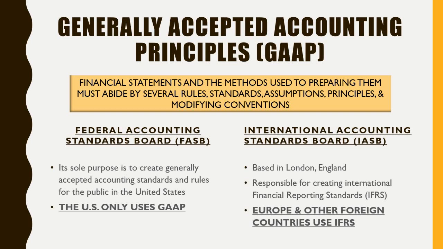Now, back when I was going to school, way back in 2012, there was talk about how the FASB was trying to get together with the IASB to create universal accounting rules and guidelines.